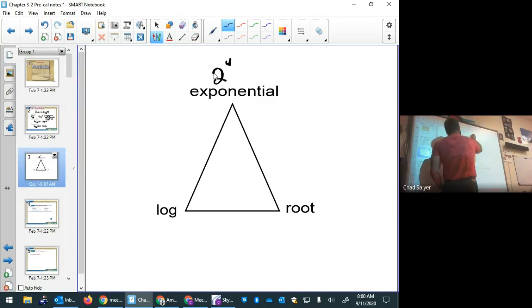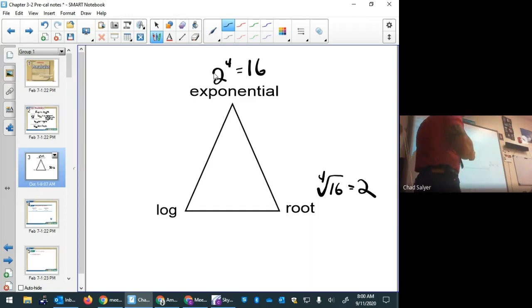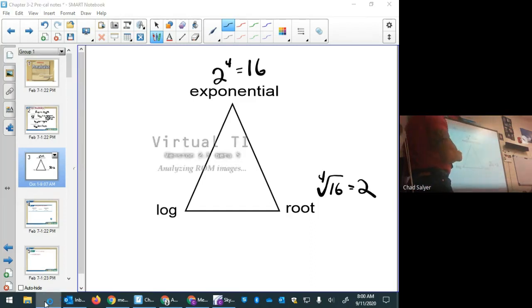So I'll take this fairly unusual exponential relationship. I can write that as a root. Notice the output here is the 16 in this situation. So if I take the 4th root of 16, that's going to be equal to 2.